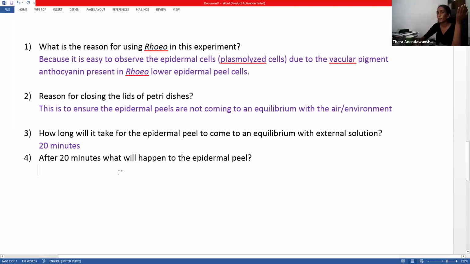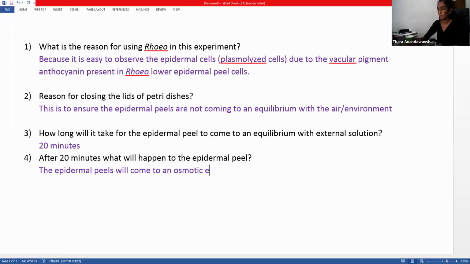The epidermal peel will come to an osmotic equilibrium with what? With the relevant sucrose solution.